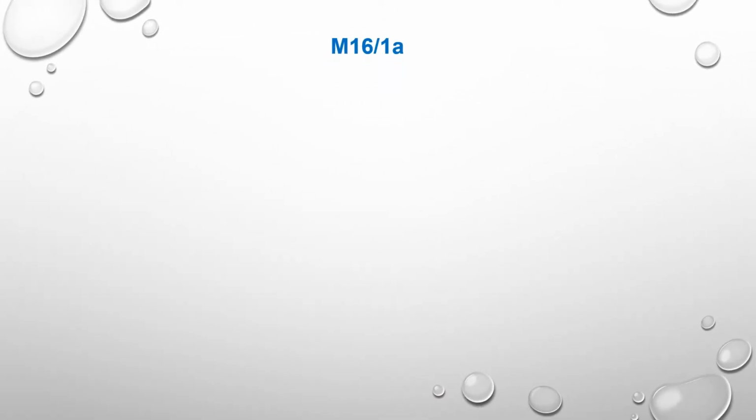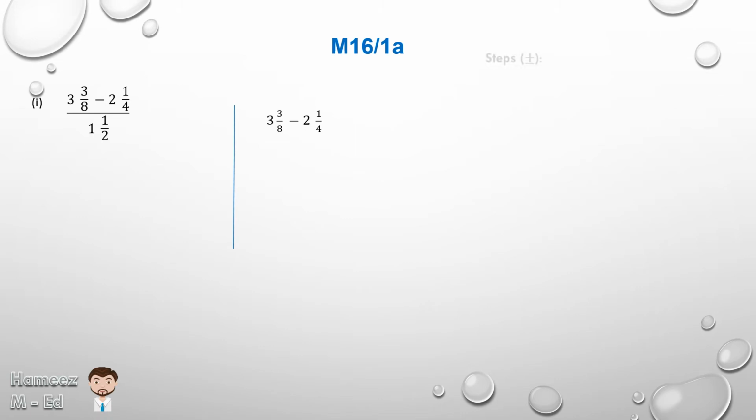In May 2016, number 1A, the question says to divide 3 3/8 minus 2 1/4 all over 1 1/2. As such, since the division sign is across the whole numerator, the first thing we will do is to work out the top. So 3 3/8 minus 2 1/4.